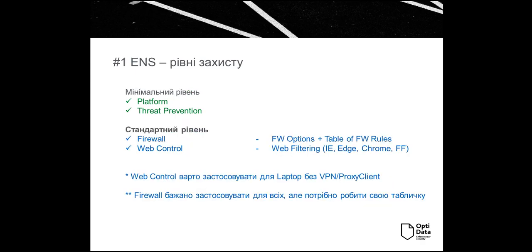If this is not enough for you, you can go to the standard level. It means you can deploy additional two packages. The first one is a firewall, the second one is web control. I recommend to use web control on any laptops because, you know, users can connect to an access point, to Wi-Fi or mobile, and then requests from those laptops will not go through your corporate proxy.